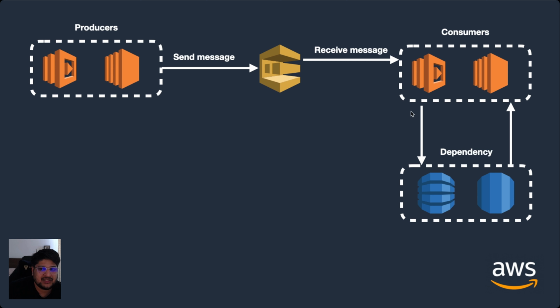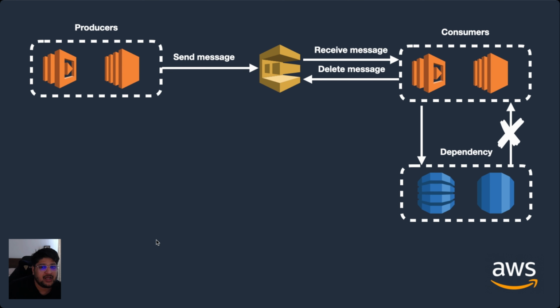Once they receive the messages, they process the message, and to process it they might be interacting with their own dependencies like databases, cache, or other microservices. Once they're done with the action required for that message, they send the delete message instruction to the queue, and the queue deletes that message. So this is the ideal flow which happens.